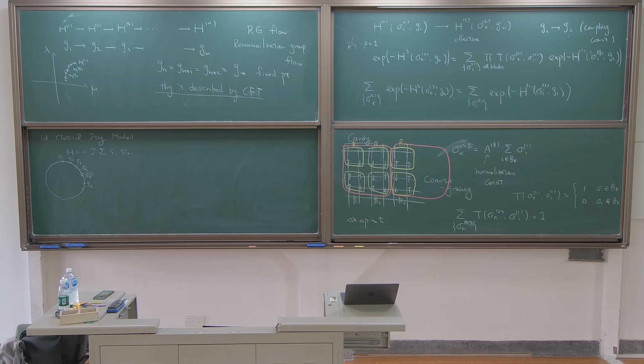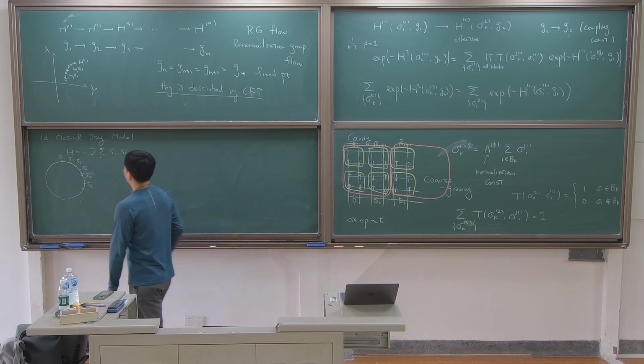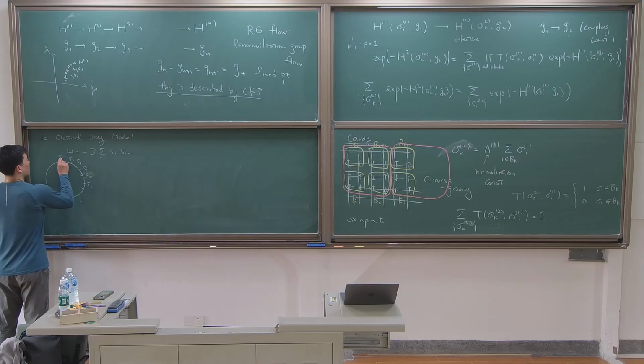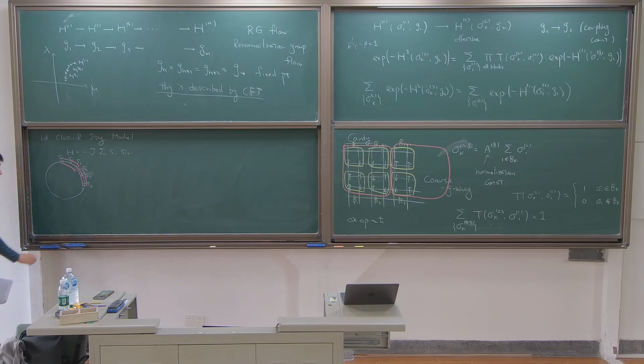And then we sum over all possible spins, like this way, and we average over, say, three spin sites and so on. One can do that.